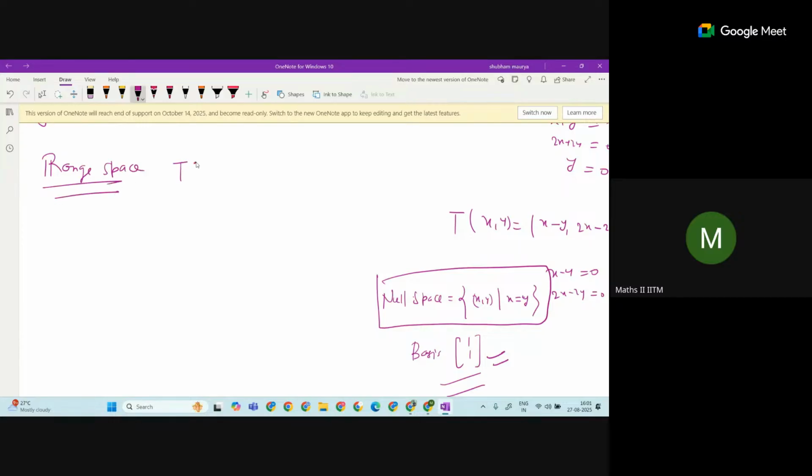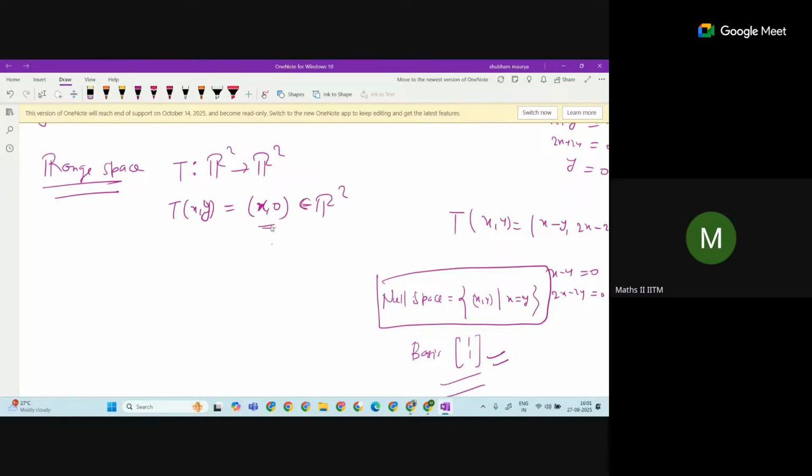So range space is nothing but the collection of images. Like I'm writing T of (x, y) is equal to (x, 0), just this linear transformation. See, this is an element of R2, and the image is not actually the whole space of R2.